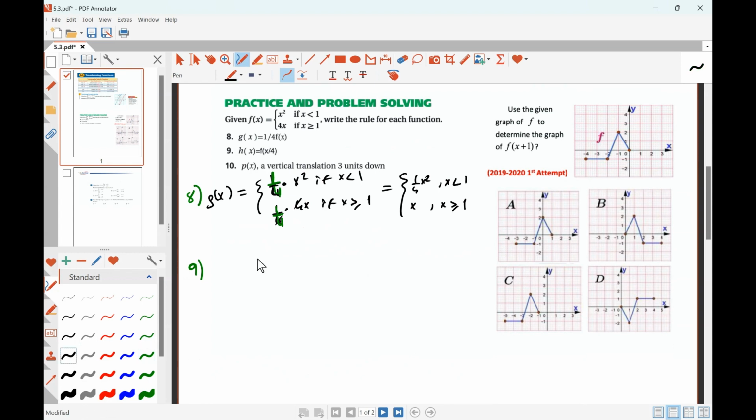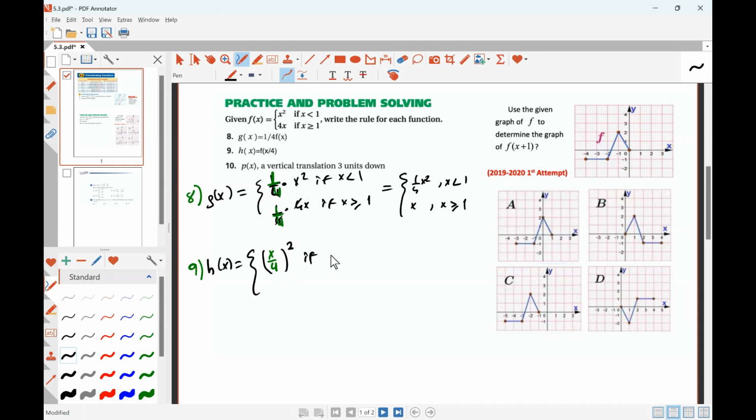It's going to give you h of x equals, so x becomes x over 4, right? X over 4, and there is a square here. So change your x with x over 4. That's the thing we need to do.